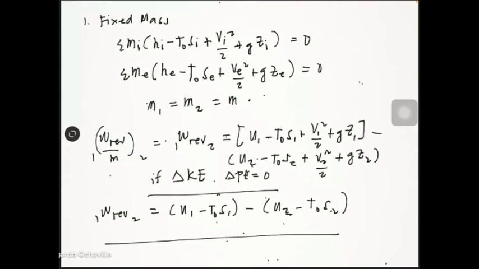This is equivalent to QCV. Okay, so that is for the uniform state, uniform flow.